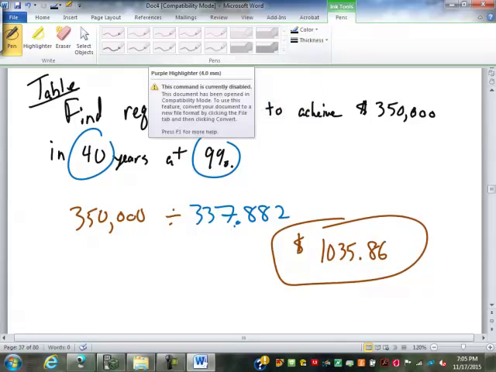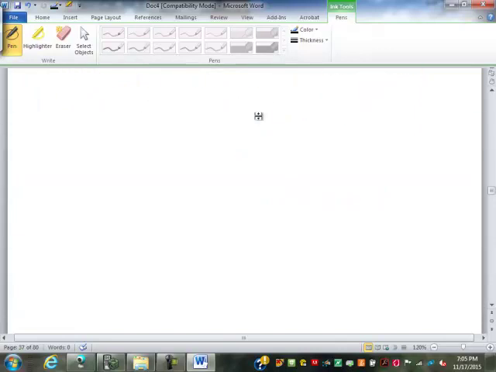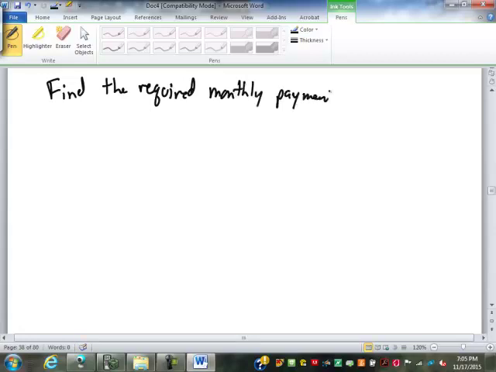Let's have you try one with the formula now instead of the table. Find the required monthly payment for $800,000 in 45 years at 13%.